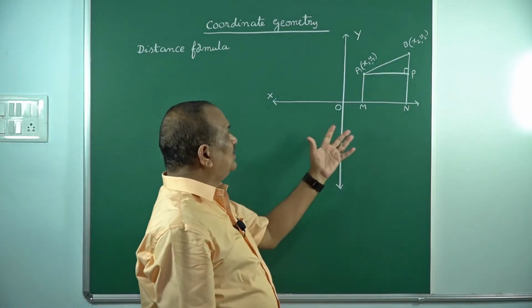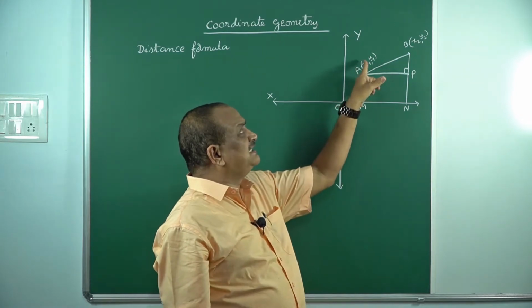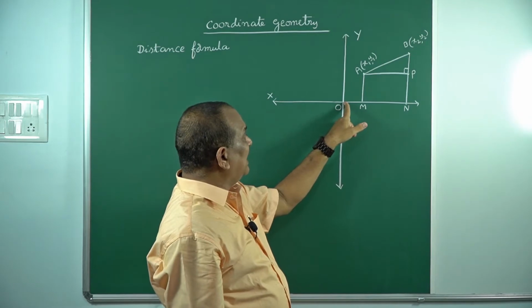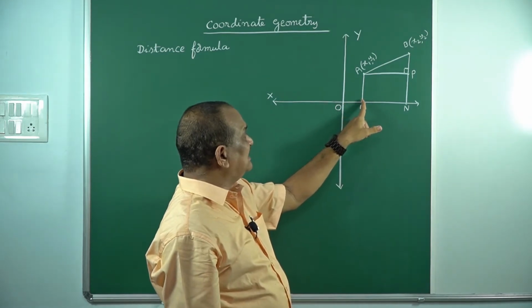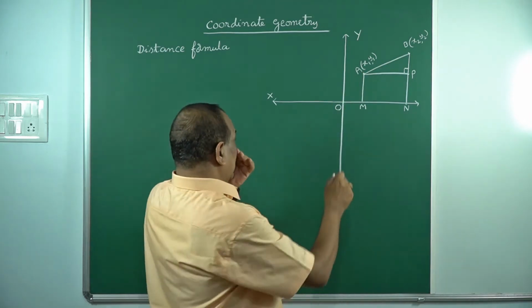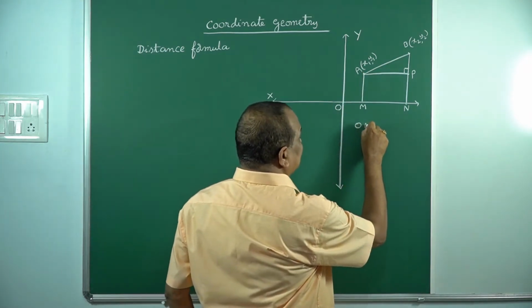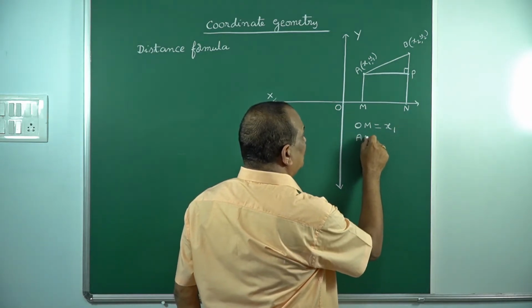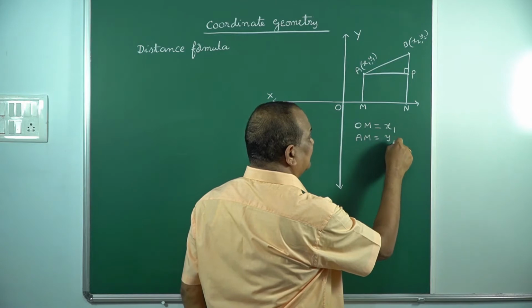You should understand how we reached this point A. From origin, I moved x1 along the x-axis and I moved in this direction y1. So here OM is equal to x1 and AM is equal to y1 because it's a height.